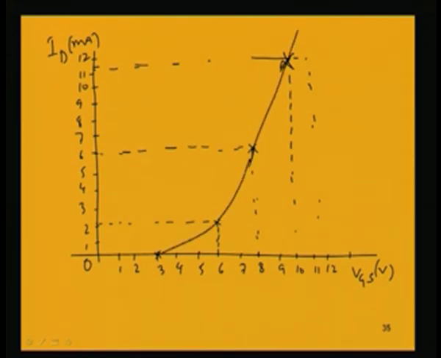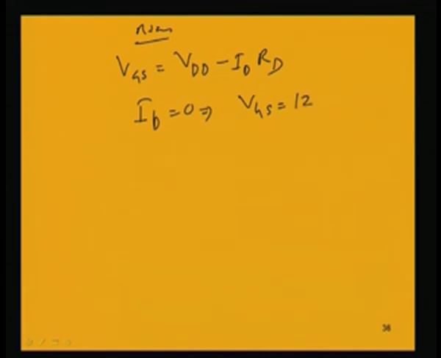Now, the other one, the straight line, which for a bias circuit is VGS equal to VDD minus ID RD. So, ID equal to 0 means VGS is equal to VDD, 12 volt. And VGS equal to 0 means ID equal to VDD by RD, which is 12 by 2, since RD is 2 kilo ohm.